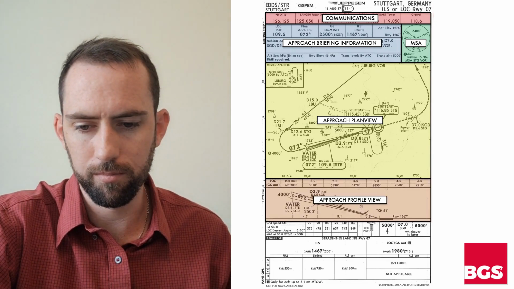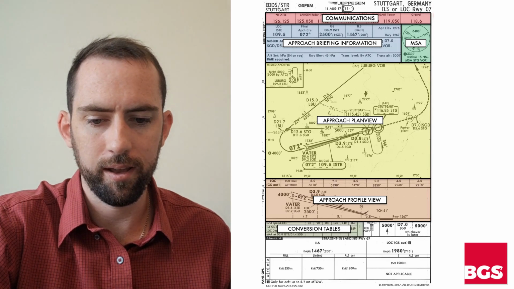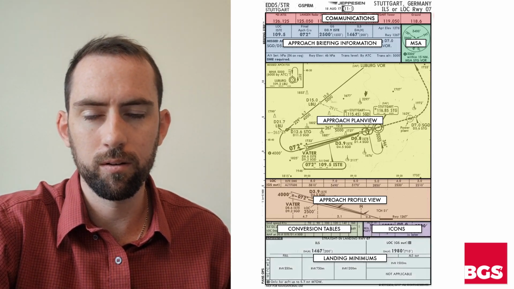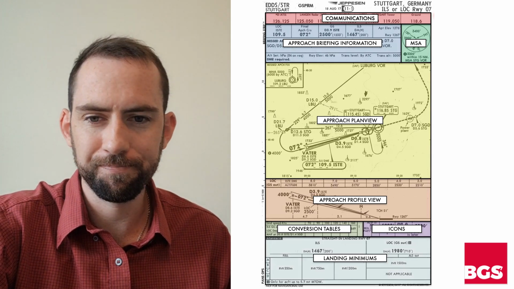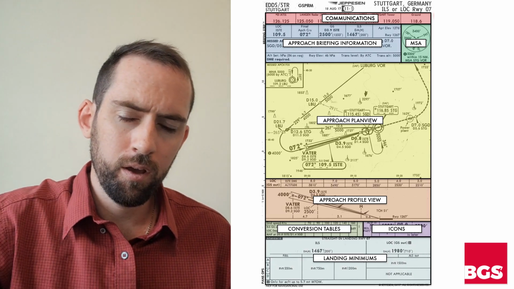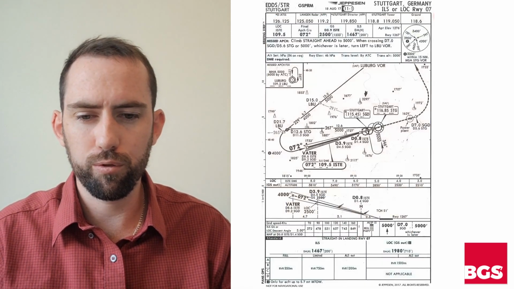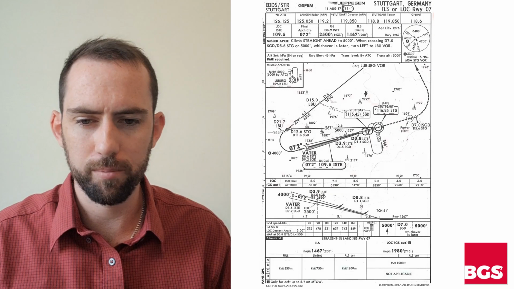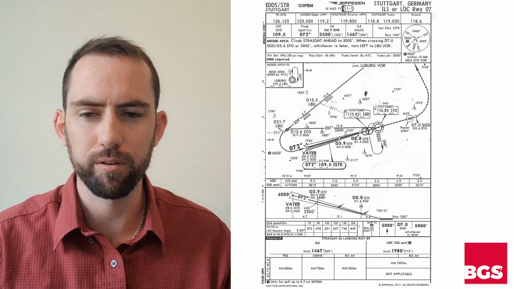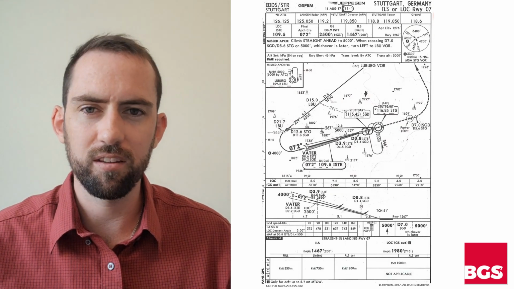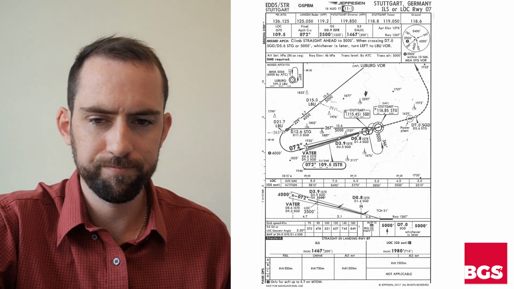Then we've got some conversion tables and some icons, and right at the bottom we have our landing minimums. So the plan is just to talk through the plate from top to bottom. If you were briefing it, you would brief it from top to bottom, but I'm going to go in what I think is a logical sequence.